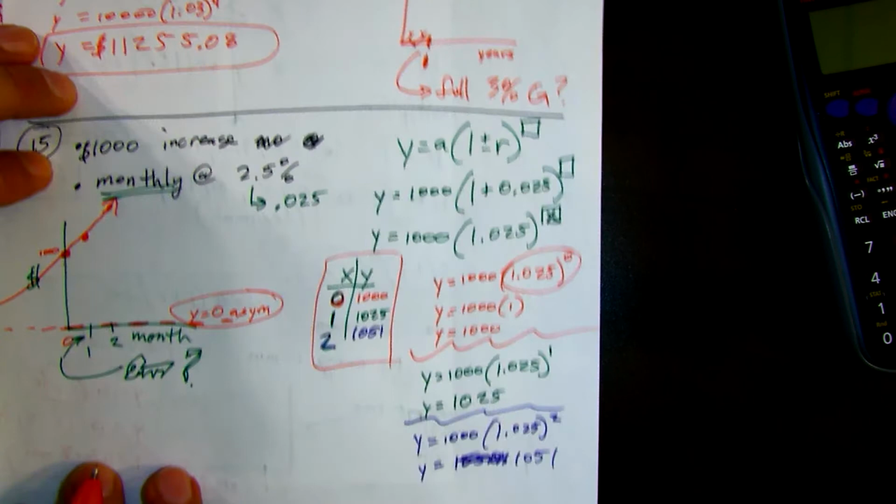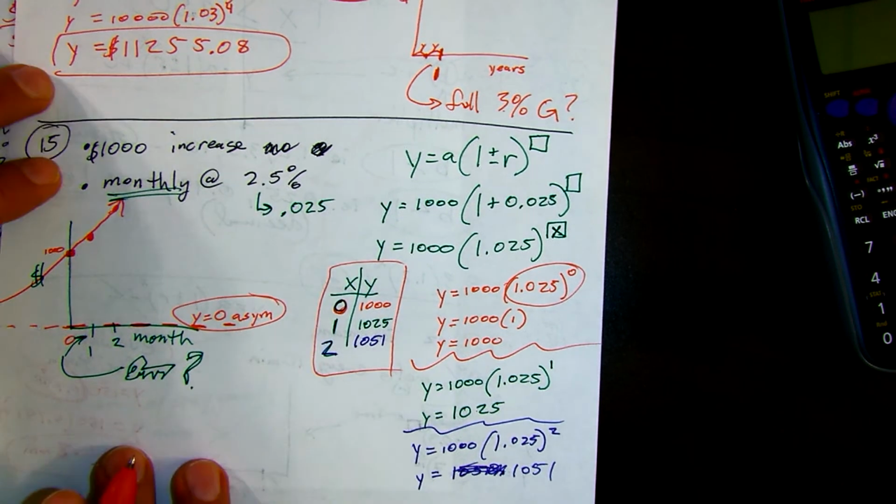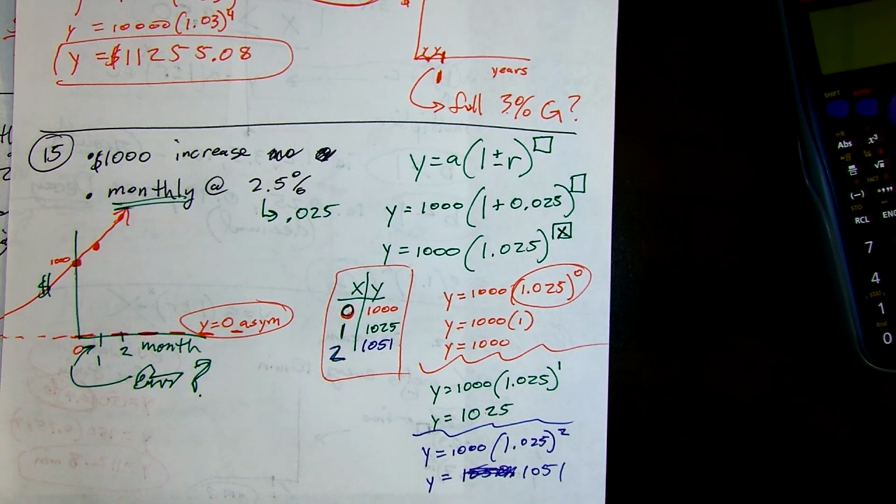I'm going to exaggerate it a little bit so we can get a graph that's reasonable. And then for 2, we're going to have 1,051. So I'm just going to make that guy up there. Now I got my graph. Not bad.